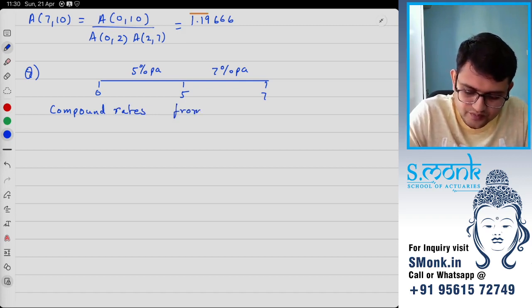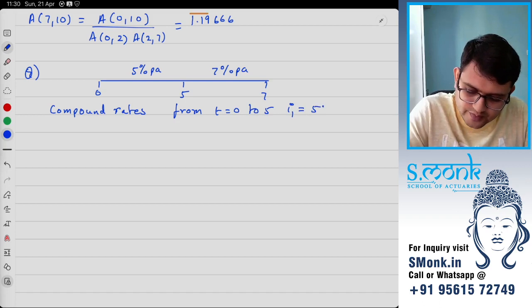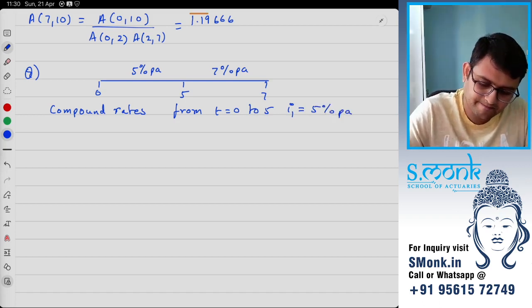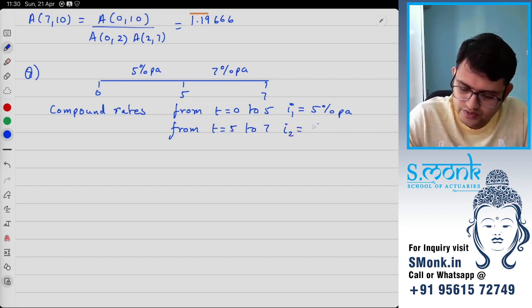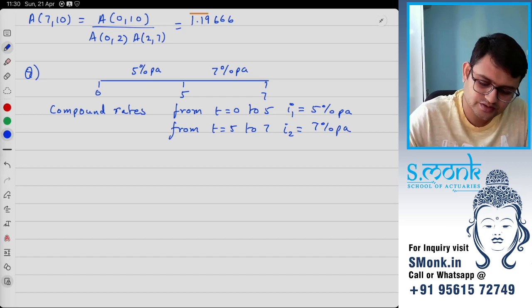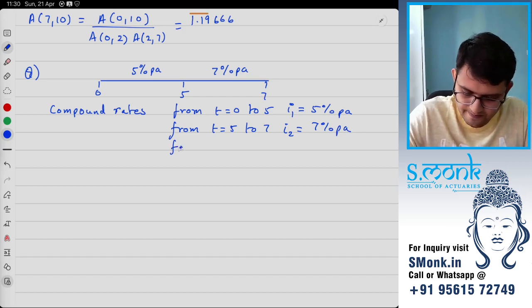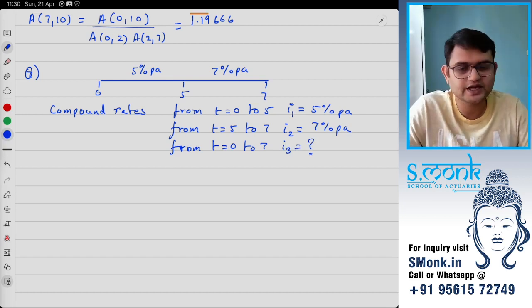So from time 0 to 5, I1 is 5%, time 5 to 7, I2 is 7%, and 0 to 7, we are supposed to find this I3. What is this I3?